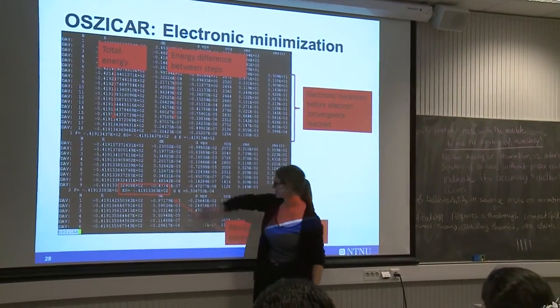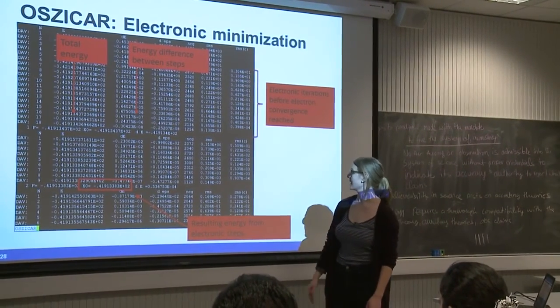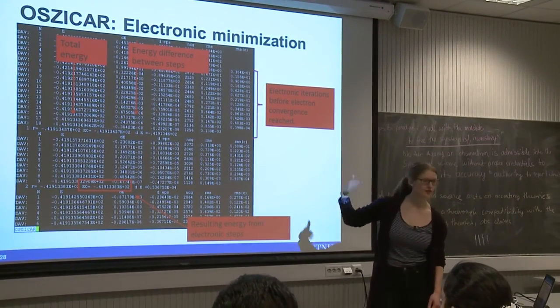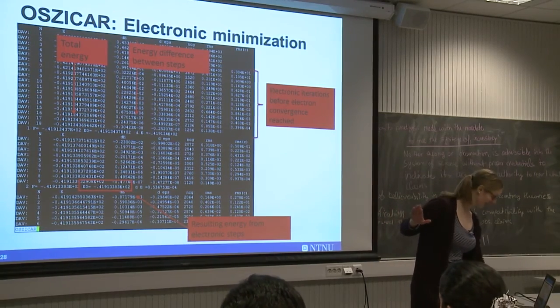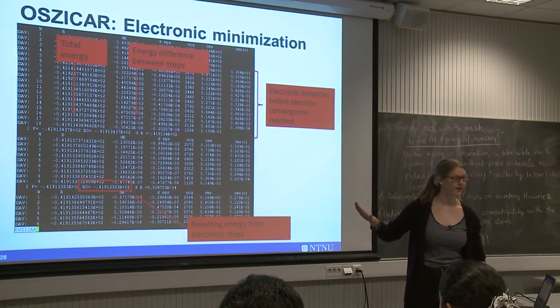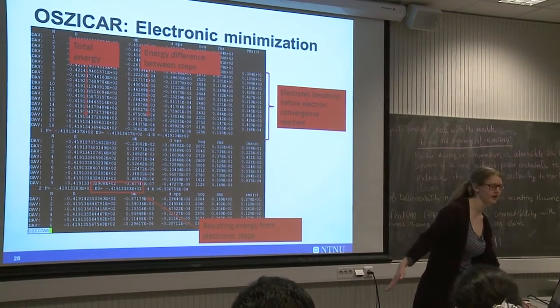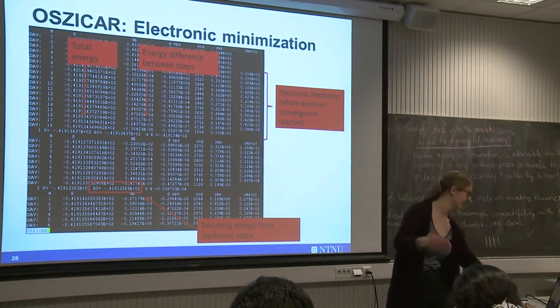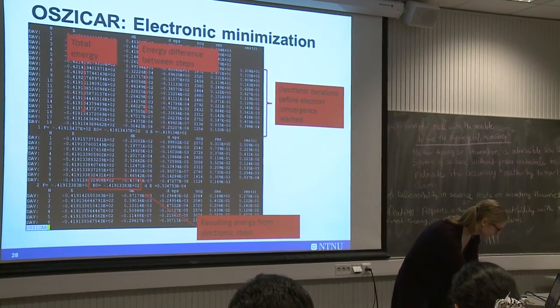It might be 7, since it's there. And then you get out a total energy. And so it will continue to do this until it reaches your criterion for the ionic relaxation, right? And so at the end of this file, you have the total energy of your relaxed ionic steps.